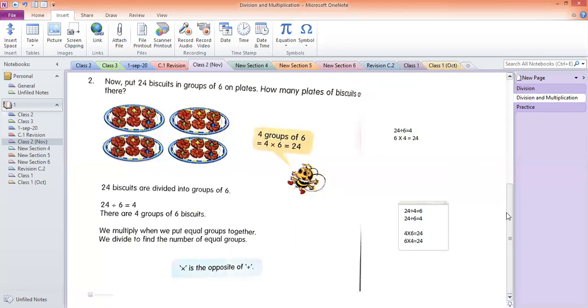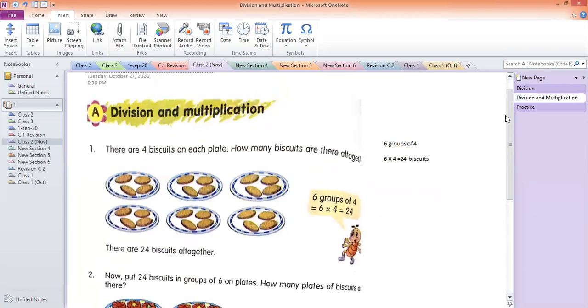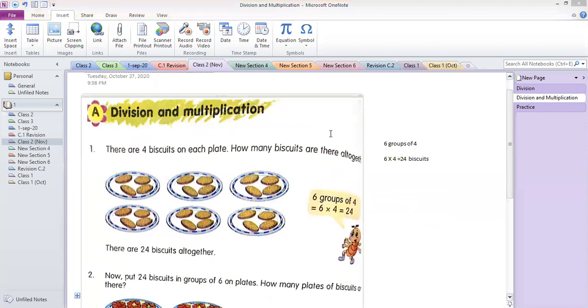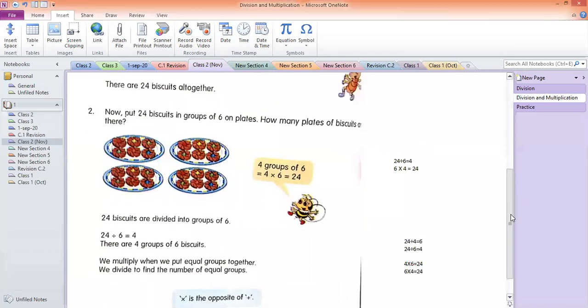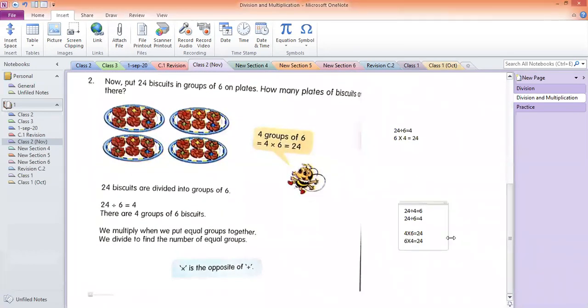So what we have learned so far, we have learned first that multiplication is the opposite of division, or division is the opposite of multiplication. For division, we check the table up to what number a particular number comes.